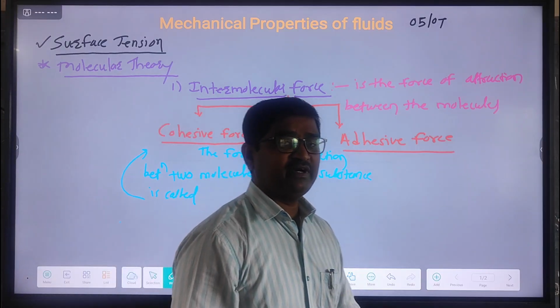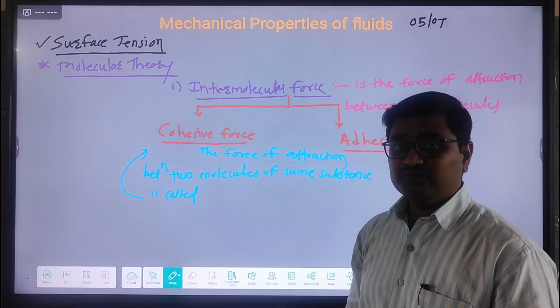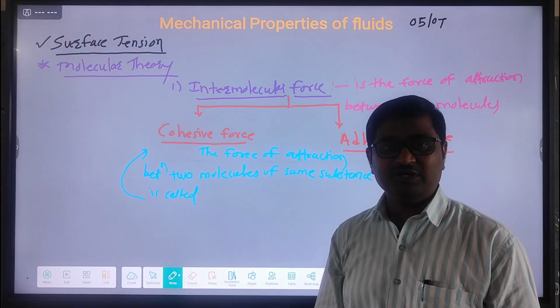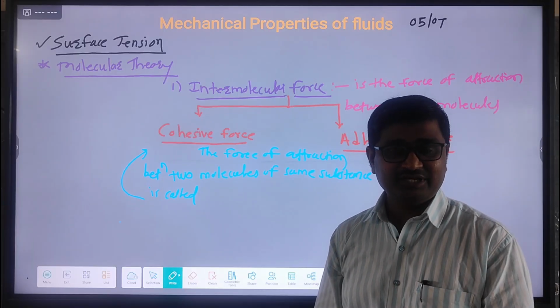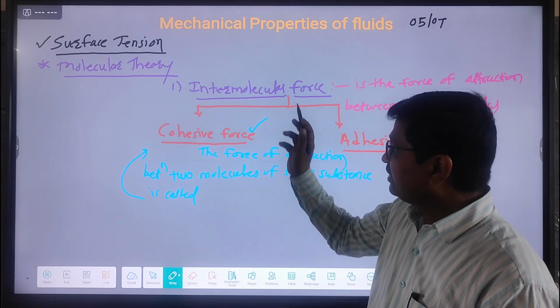Same substance means what? The force of attraction between two air molecules, both molecules in air. The same substance molecules are attracted, and the responsible force is called cohesive force.